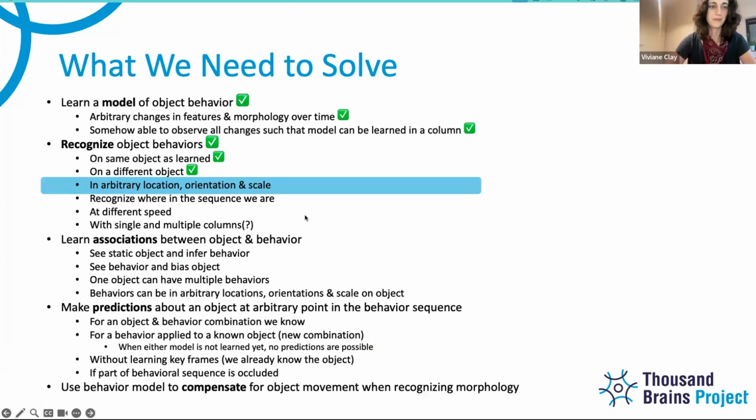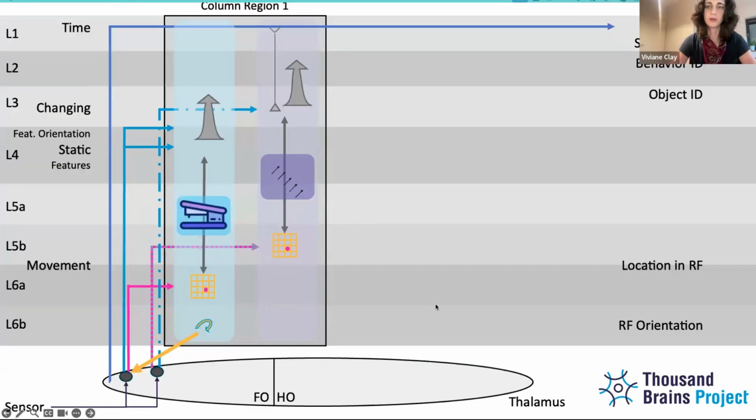Okay, so another thing we want to be able to do is to recognize a behavior at an arbitrary location, orientation, and scale. And the proposed solution is using exactly the same mechanism we use for recognizing an object at an arbitrary orientation, location, and scale, which is to transmit this pose hypothesis down to the thalamus and use that to transform the incoming movement vector and feature inputs into the object's reference frame.